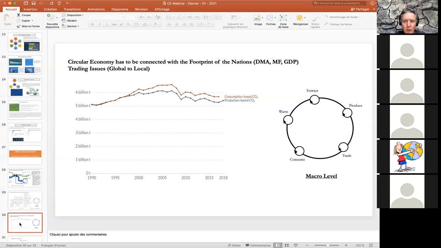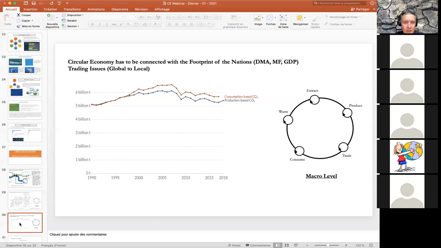So maybe one aspect of the system, and I will show you after, if I involve the trading issue, is just relocation. Relocation is a good aspect and a good strategy to reduce trading issues. So we have to focus on the specific R: relocate materials, relocate production, and maybe consumption at the same time. So we have to measure this.